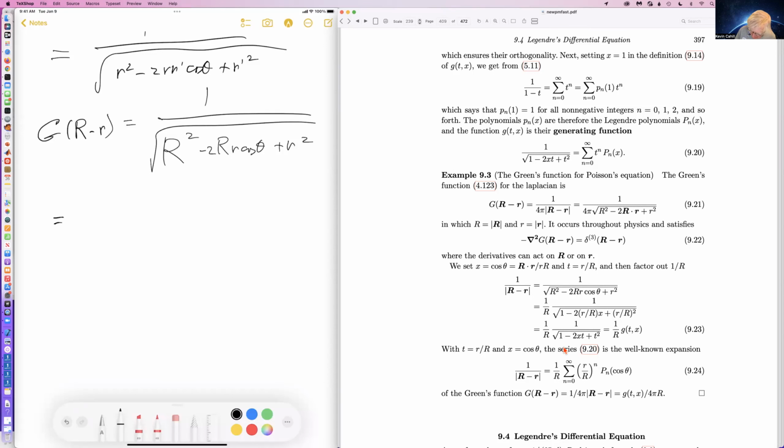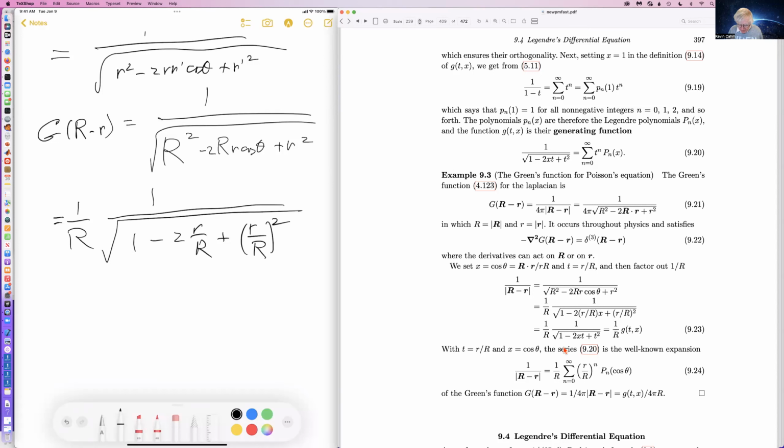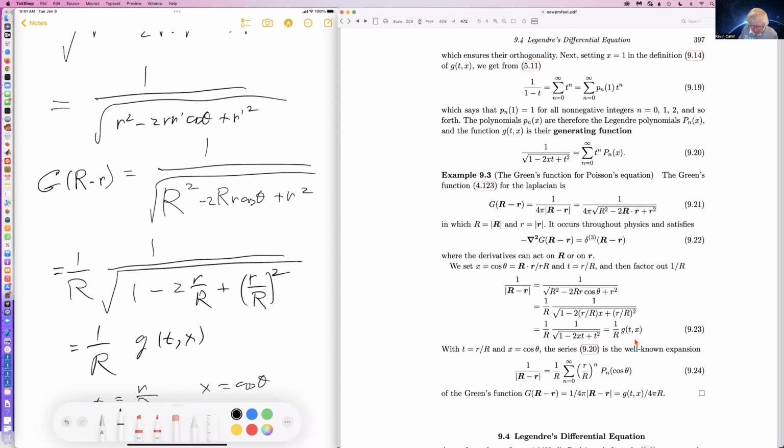Then what you do is you factor out big R squared, and so you get 1 over R times 1 over the square root of 1 minus 2 r over big R cos theta plus r over big R squared. And now what we see is that this is equal to 1 over big R times little g of t and x, where t is little r over big R and x is equal to cosine of theta. One often abbreviates x as cosine of theta.